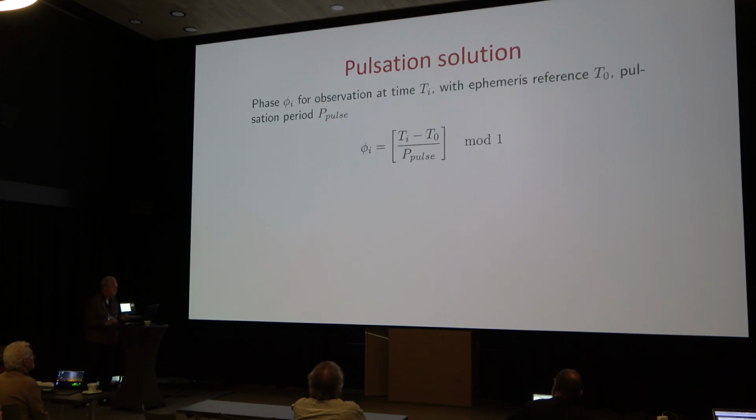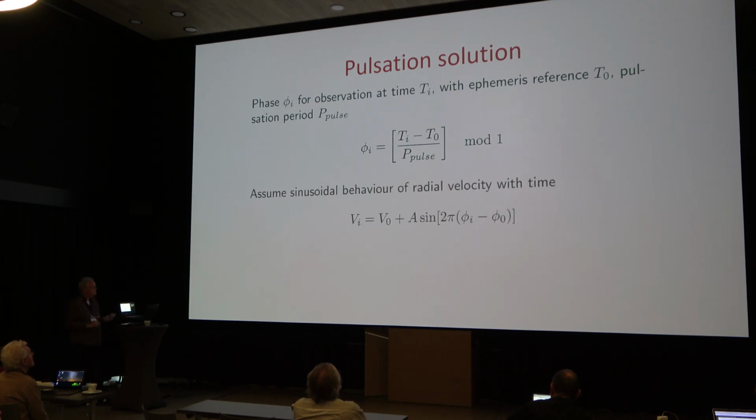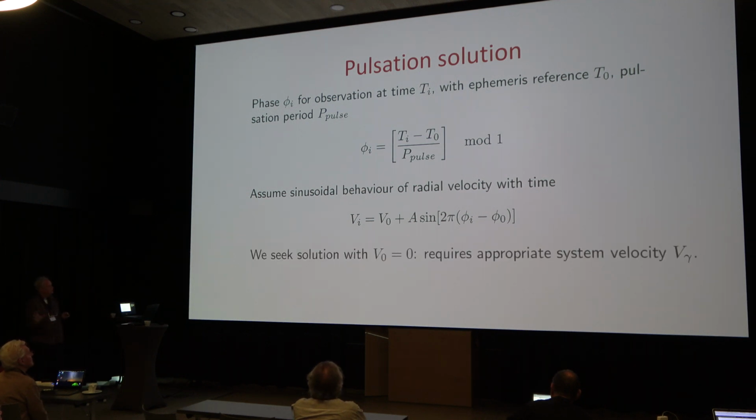So what happens next? Well, we try and fit a sinusoid. I've determined phases for my data in the normal way, and try to fit a sinusoid of this form. I'm looking for solutions where this mean is 0, because in principle, the pulsation should have a 0 mean velocity. And that requires that I adopt an appropriate system velocity.